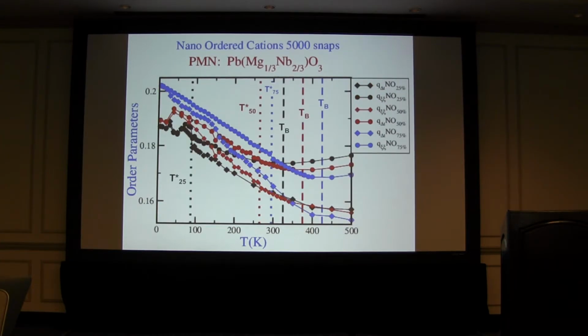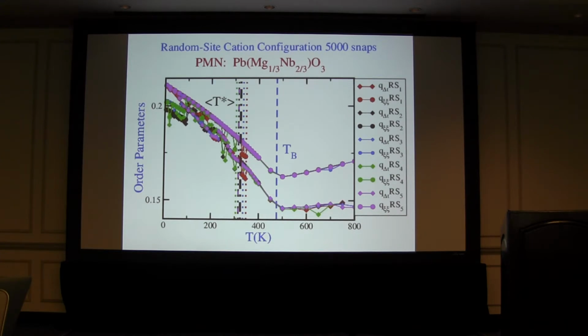And you can see it's much the same story as for PSN, that the order parameters go smoothly through the PNR region below the Burns temperature here. And then there's a transition. In the transition temperature, there's some variation in these 5 different replicas that I did for the random site configuration.